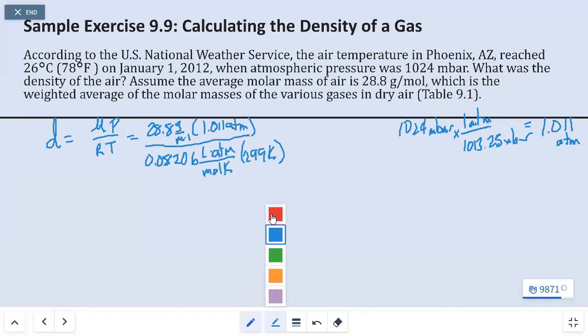If I follow through here, atmospheres cancel, Kelvin cancel, 1 over moles cancel. All that is left is grams in the numerator and liters in the denominator. 28.8 times 1.011 divided by 0.08206 divided by 299 would give us three significant figures, 1.19 grams per liter.